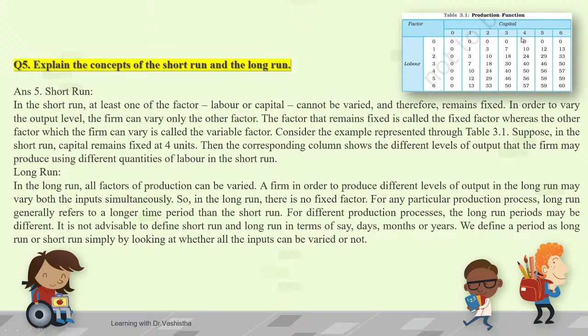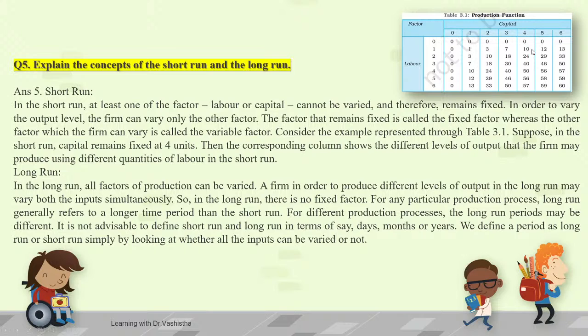So here the corresponding column shows the different levels of output that the firm may produce using different quantities of labor. Since the capital is kept constant, by changing the units of labor, we got different levels of output.